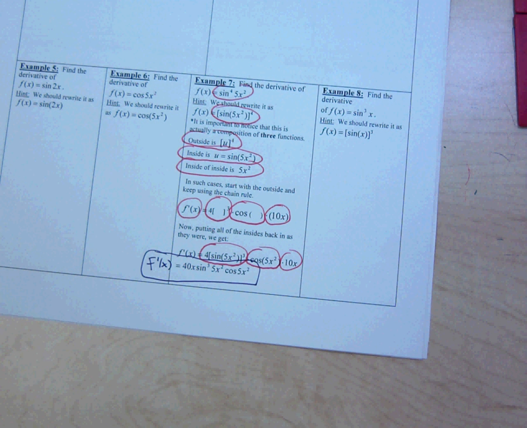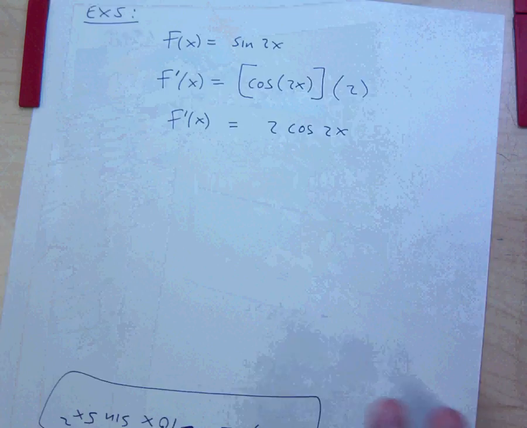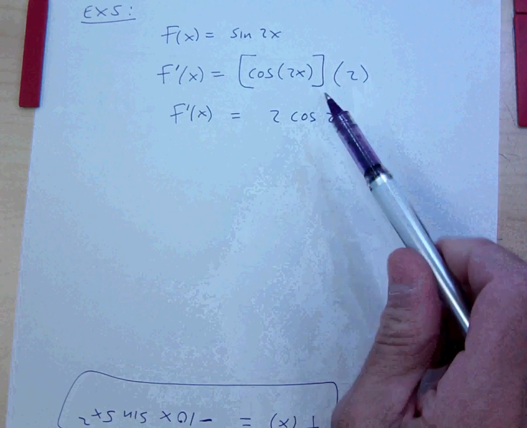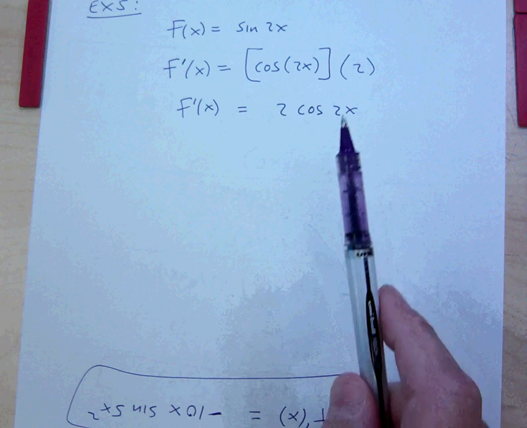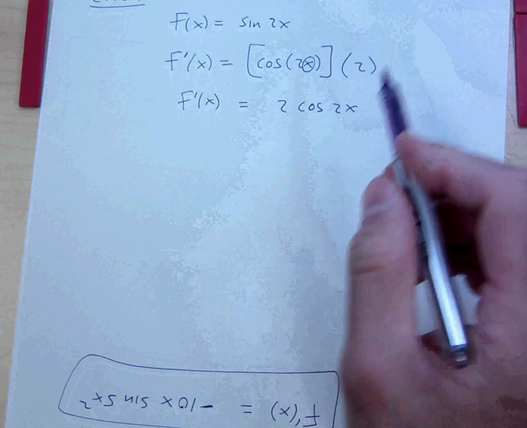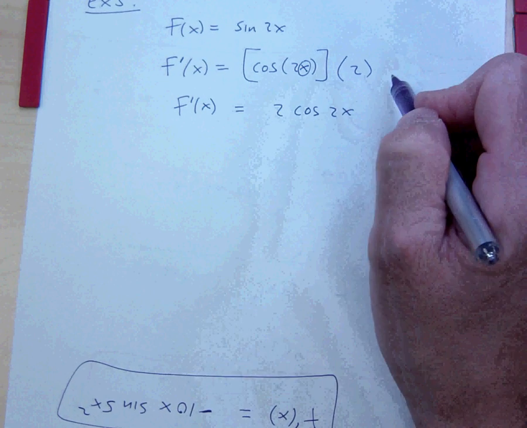All right, now let me back up a minute because you probably have a question. If I go back to example 5, you're probably saying, well, why didn't I keep going on the inside here? Well, you could. If I took the derivative of the inside here, what would be the derivative of x? 1.